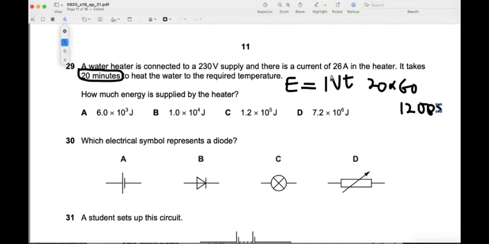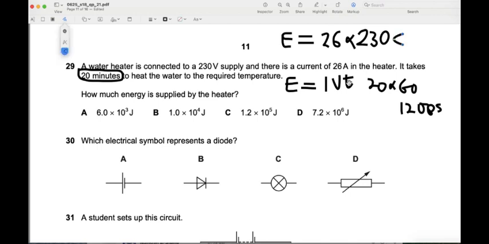So we substitute our values here. Our energy is equal to I, the current, which is 26, multiplied by the voltage, which is 230, multiplied by the time.